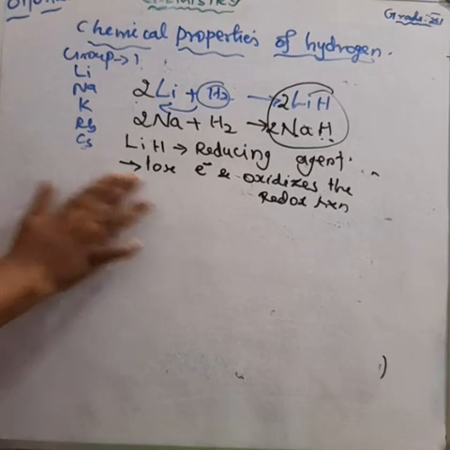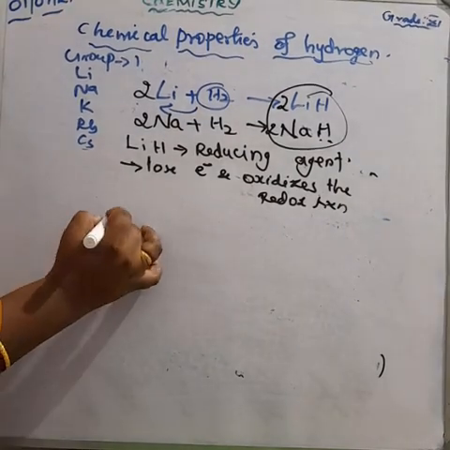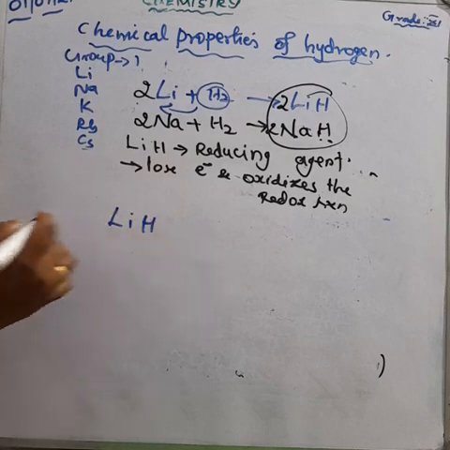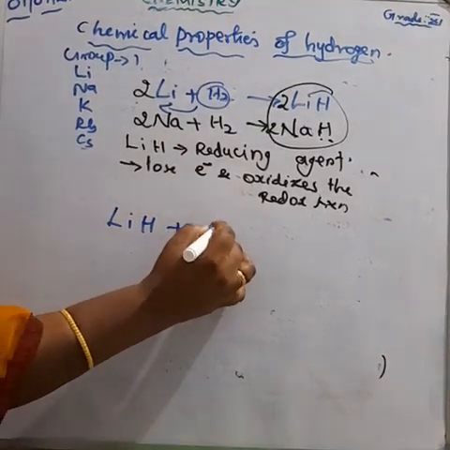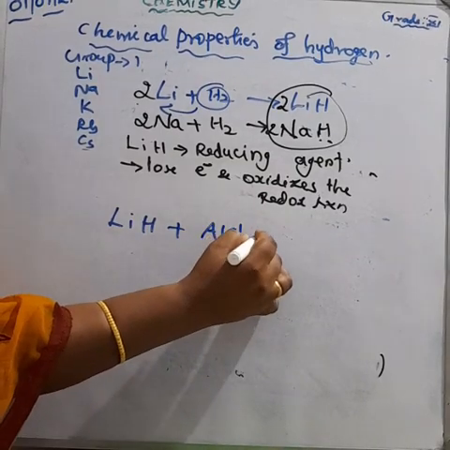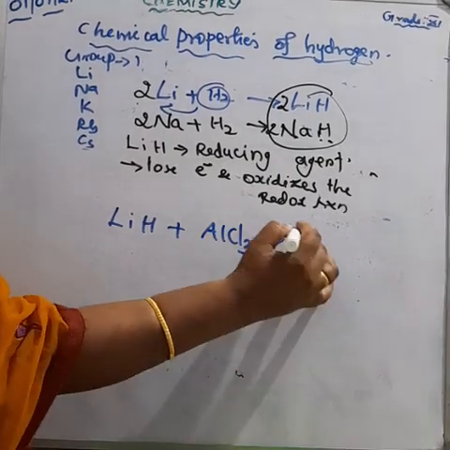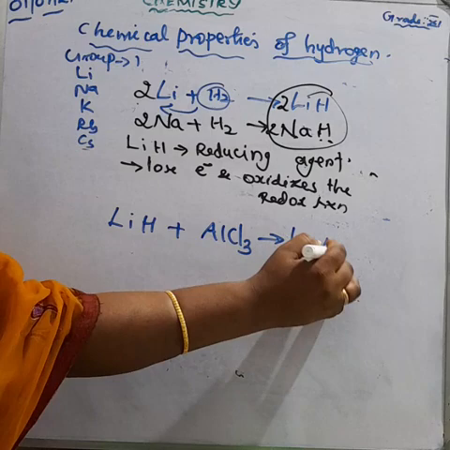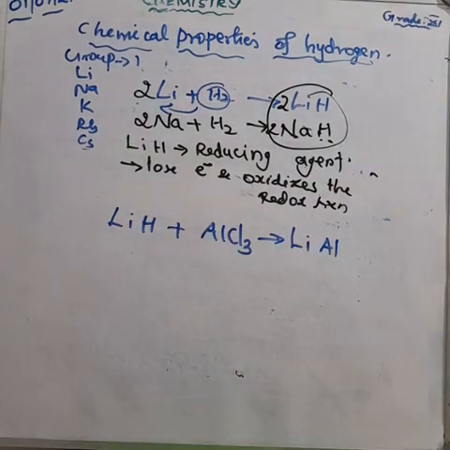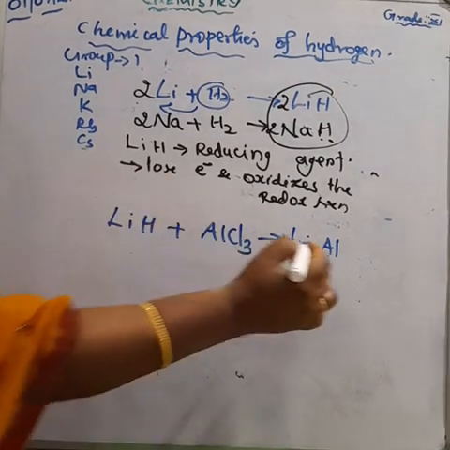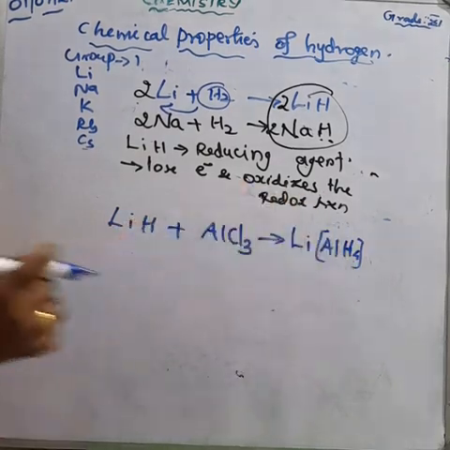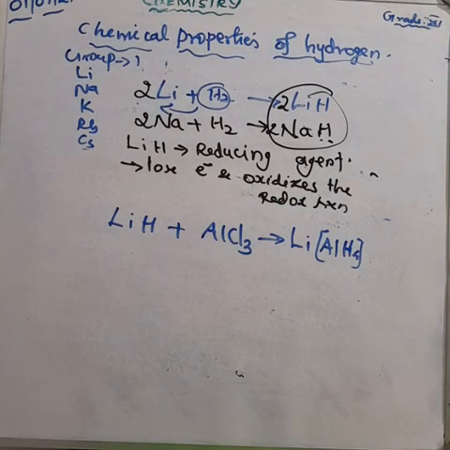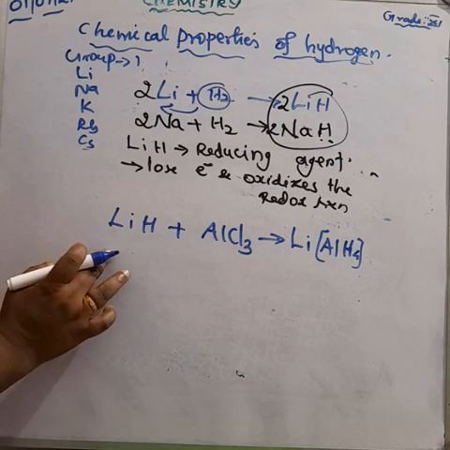So here lithium hydride, LiH, when it combines with aluminium trichloride forms lithium aluminium hydride, LiAlH4. And what is the byproduct here?